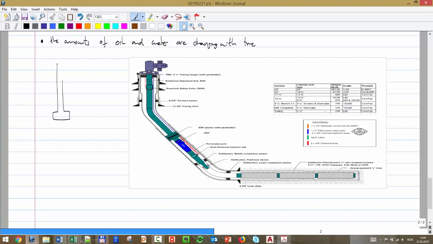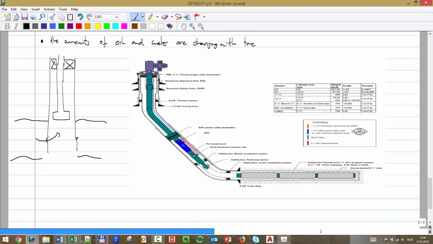So if we make a simple sketch of our system, the annulus is basically closed. I'm not producing anything, and I'm simply flowing from the formation to the suction of the pump. Okay, that's my ESP.